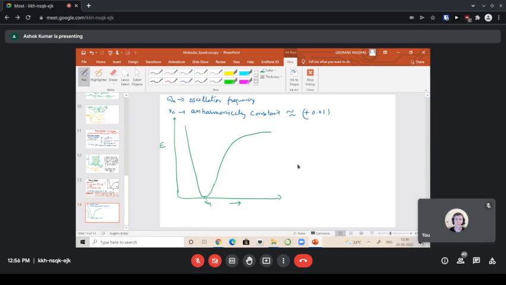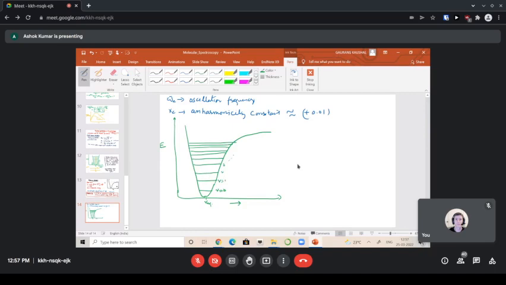You will see that this is V equal to 0. Initially the spacing will be like this. When you go on increasing the value of V, you will see that the energy spacing will go on decreasing like this. V equal to 0, 1, 2, 3, and so on.